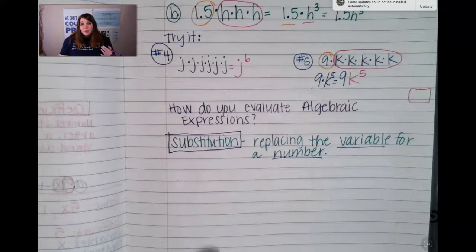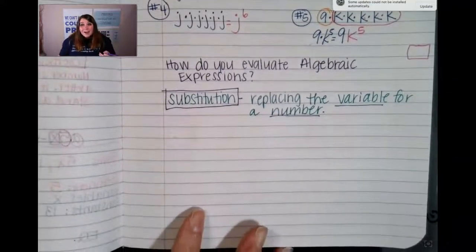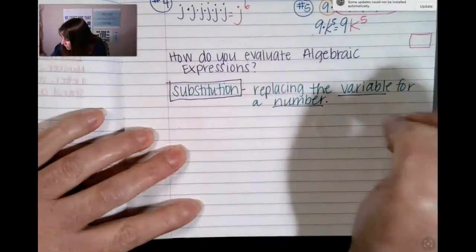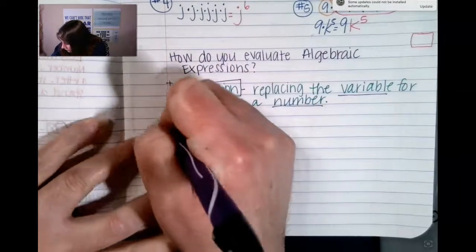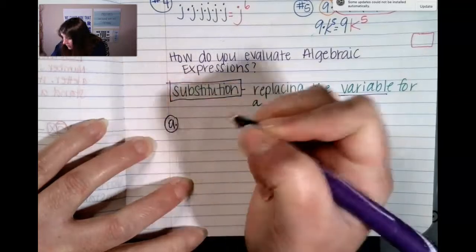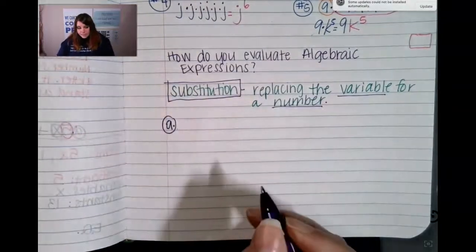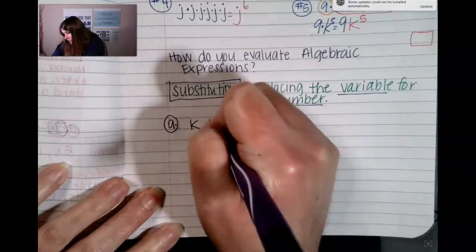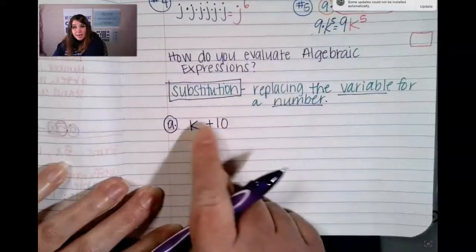This is where the fun part comes in of algebra, because now we are going to be solving for the mystery, okay? So, for example, let's do a letter A right here. Example A says k plus 10. It wants us to solve k plus 10.